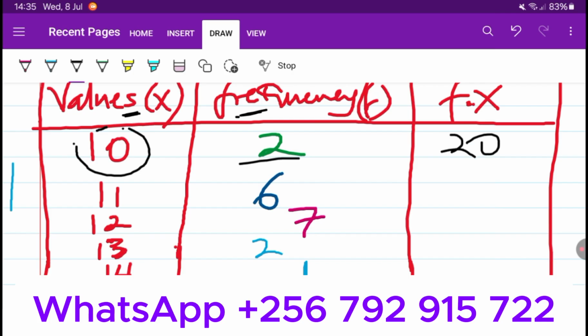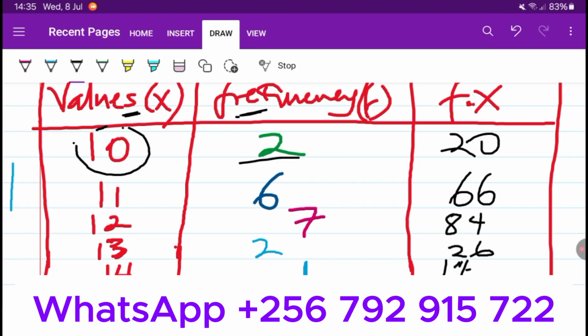Then 11 times 6 gives you 66. Then 7 times 12 gives you 84. Then 2 times 13 gives you 26. And then 1 times 14 gives you 14.